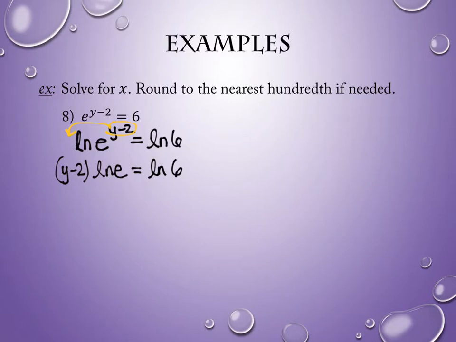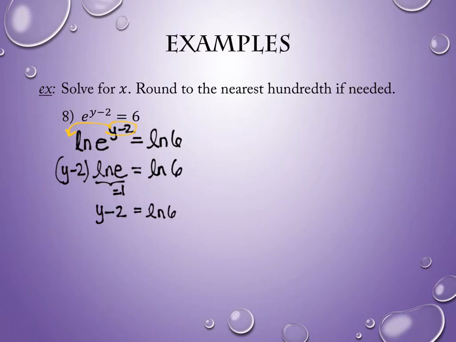It's 1. So if you use log right here, you'll have to keep working with log e, and you'll have to move it to the other side and so forth. But if you use natural log, then the natural log of e is 1. So all I have is y minus 2 equals the natural log of 6.